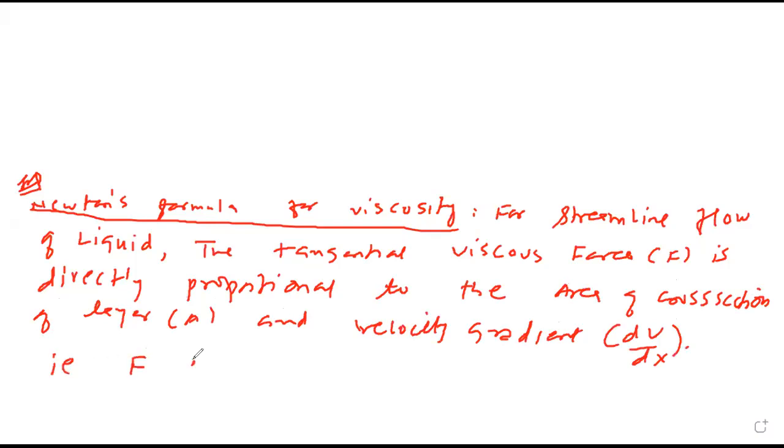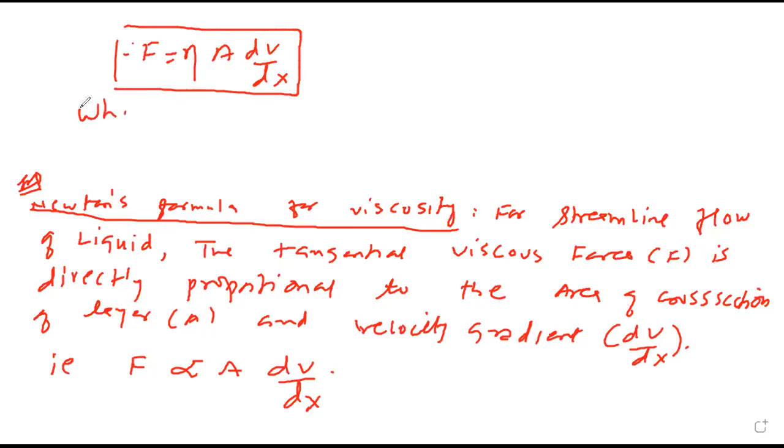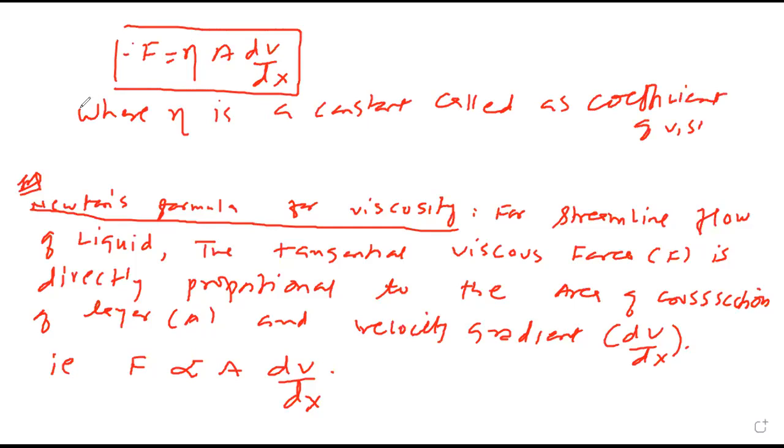That is, viscous force F is proportional to A into dV by dx. That is F equals eta A dV by dx, where eta is a constant called coefficient of viscosity. So by Newton's formula, viscous force F equals eta A dV by dx.